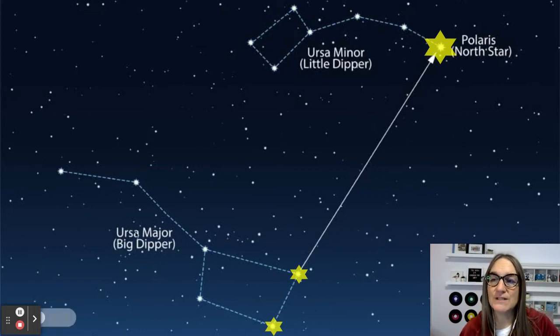Now you might notice that Big Dipper and Little Dipper are in brackets on this diagram, and that's because they're not the official names of those two constellations. They're just the popular names that people who speak English typically call them. But most of the constellations that we see as being the accepted constellations come from ancient Greek mythology.